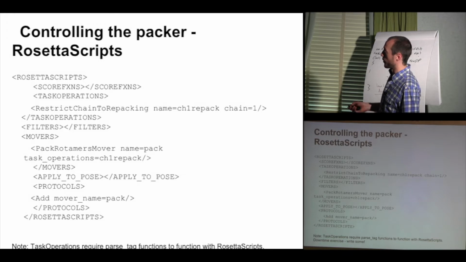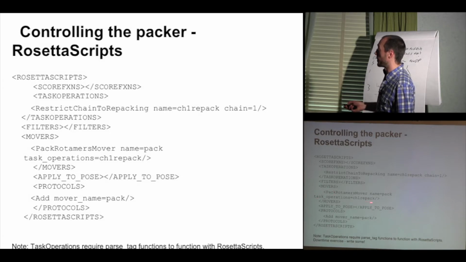Later on, when we're setting up our movers in Rosetta scripts, we're going to create a pack rotamers mover and give it a task operation or list of task operations. This is a comma separated list, so if we had other task operations, we could add a comma and add those as well. In this case, we just have one, so we give it chain 1 repack.